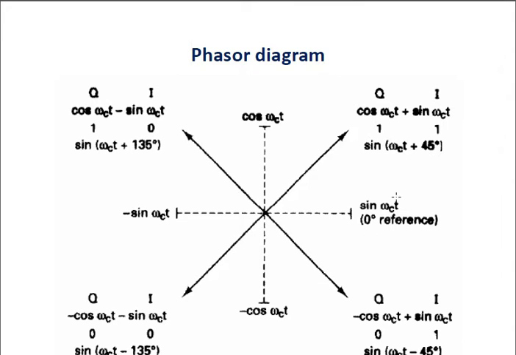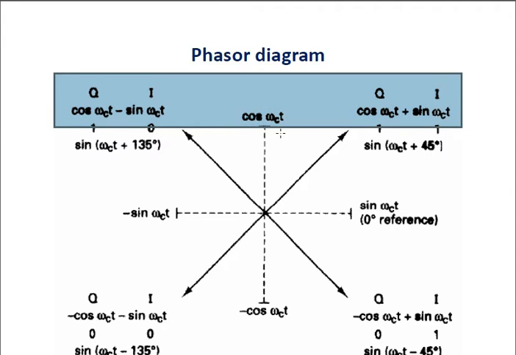Then the phasor diagram is represented by the QPSK phasor diagram. On the x-axis it shows plus sine omega ct once logic 1 is transmitted for the I output, minus sine omega ct once logic 0 is transmitted for the I output, then plus cos omega ct when logic 1 is transmitted for the Q output, which is the output of the balanced modulator for the Q input signal.